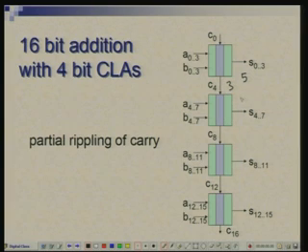So, this will come out after 7D. You can see that this purple box will take 2D time and another 2D time here. So, 7D, this will come out at 5, 7, 9. So, first let us look at the carry times.